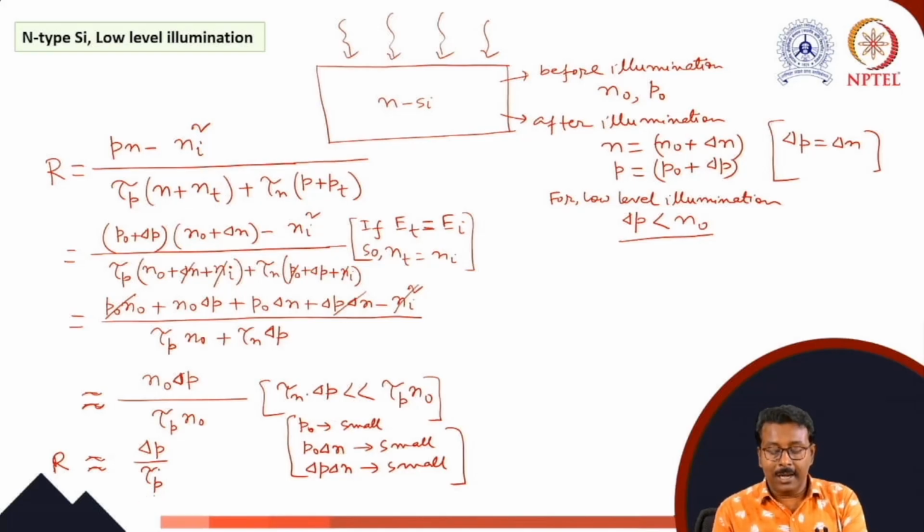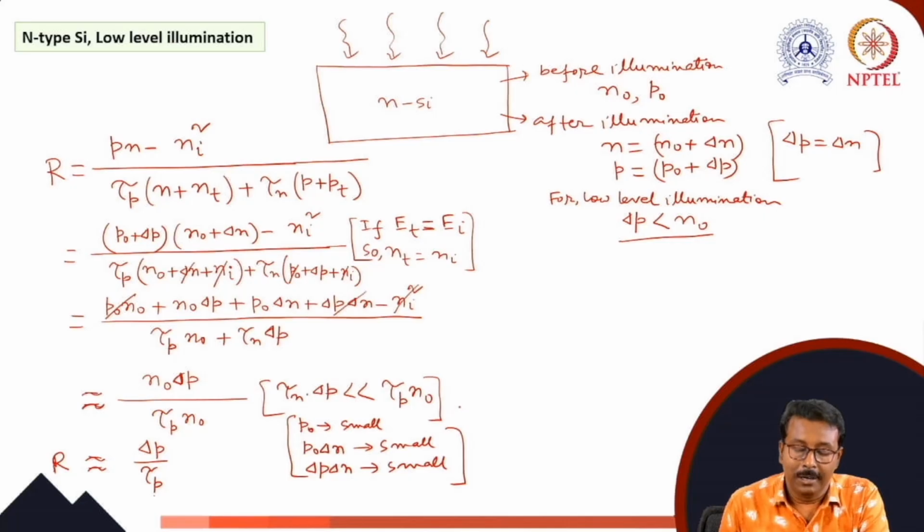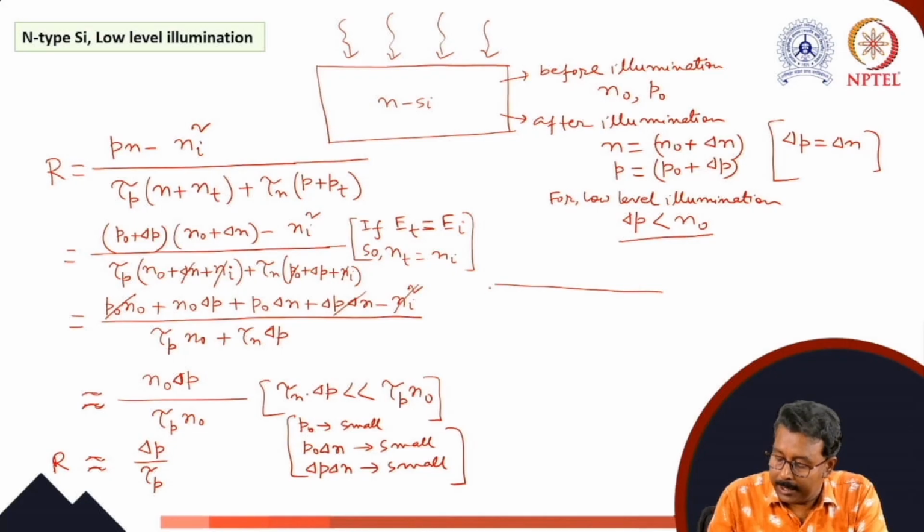So minority carrier lifetime is important for a low doped semiconductor and low level illumination. So the ultimate conclusion is that for low level illumination, the recombination rate is governed by minority carrier lifetime, not majority carrier lifetime. That is, majority carrier lifetime has no role in this particular case.